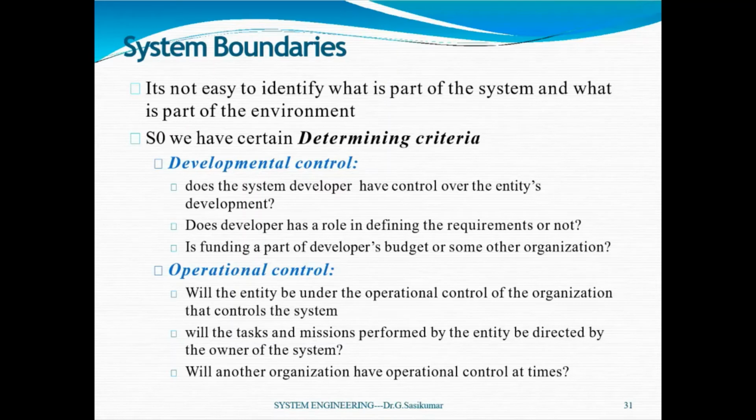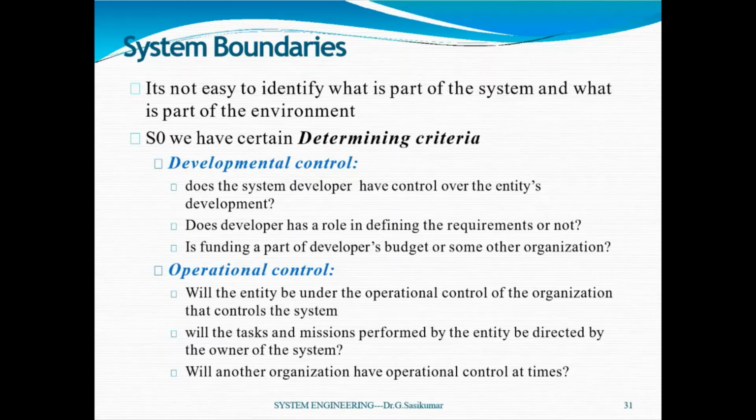These are the three different points of view in development control. As a system developer, software programmer or system engineer, you must have control over your development, the requirements, what you need, and the budget, how much finance is required to start up your own company.